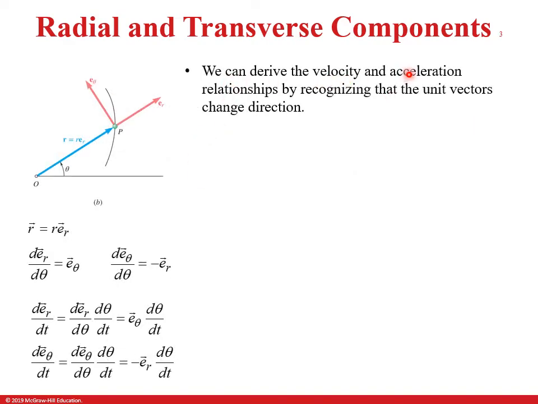So we can derive the velocity and acceleration relationships by organizing that the unit vectors change direction. Here we have the position vector.